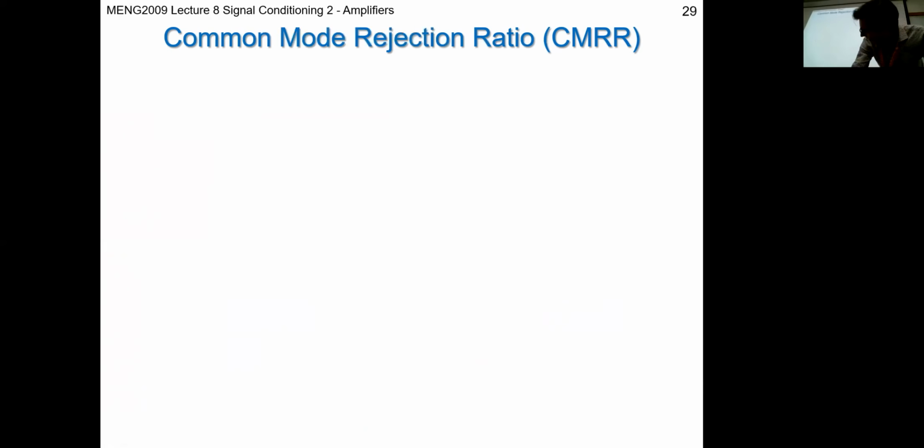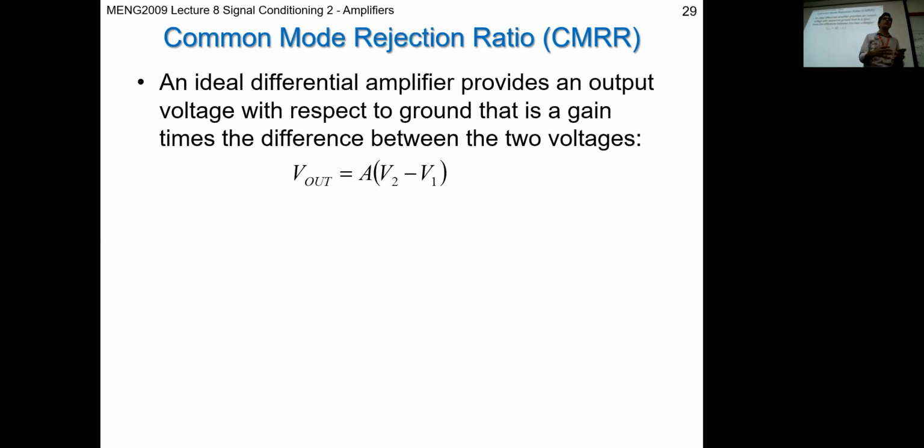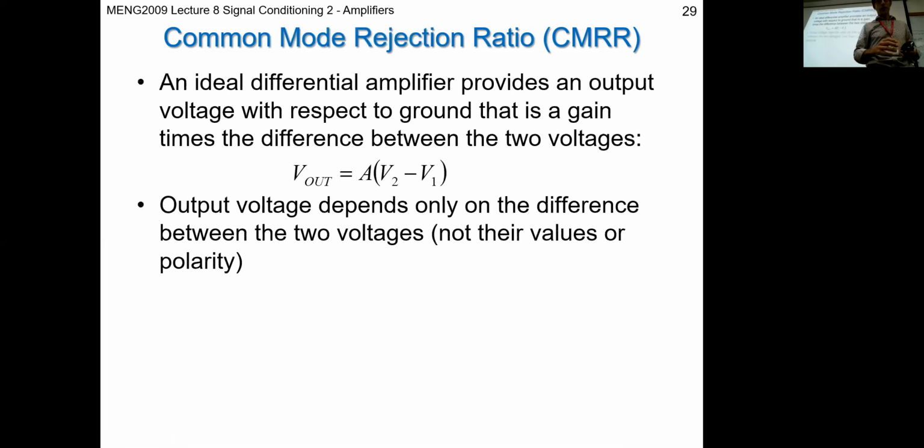Okay, so an ideal differential amp or instrumentation amp provides an output voltage with respect to ground as the gain times the difference of these two voltages. So it should just give you V2 minus V1 times whatever gain you've applied. But the output voltage should only depend on the difference, right?